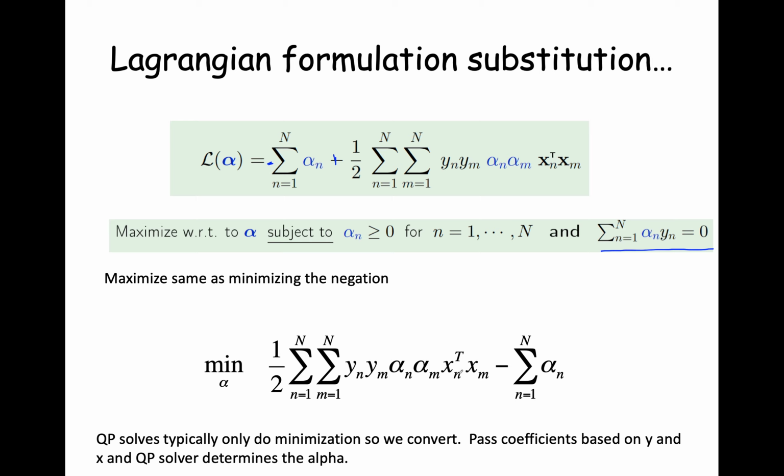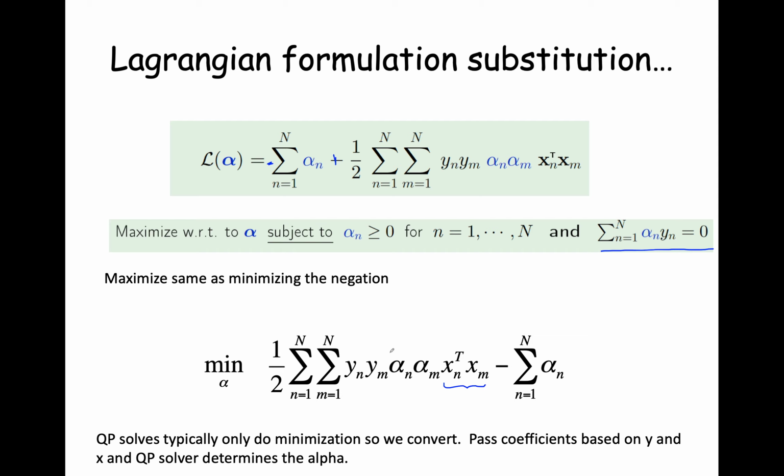Okay. Now, one other observation: that part of the expression is an inner product, and we'll talk about that later. But that's important to remember because we're going to take advantage of that in the next module when we talk about nonlinear transformations and kernels. But this we can feed into a quadratic programming solver.